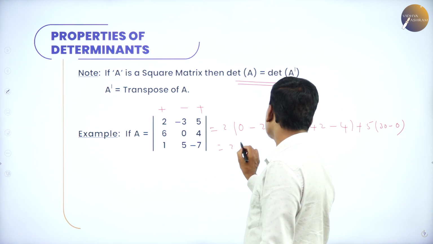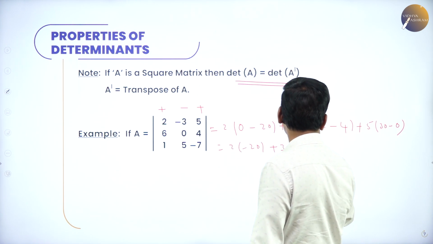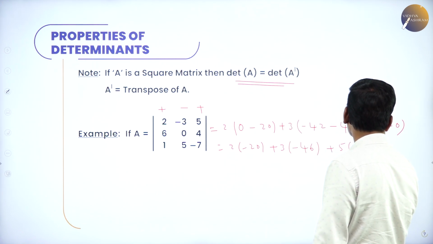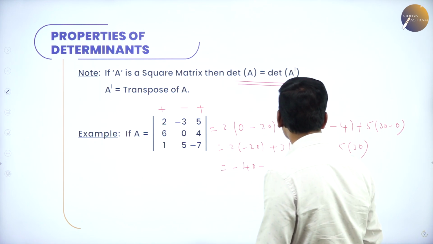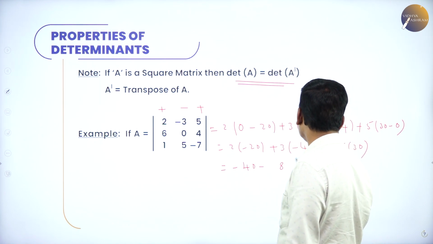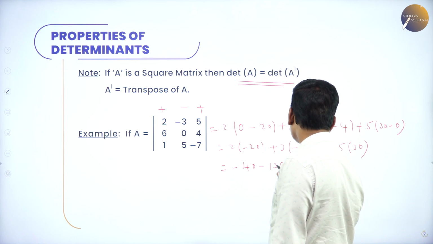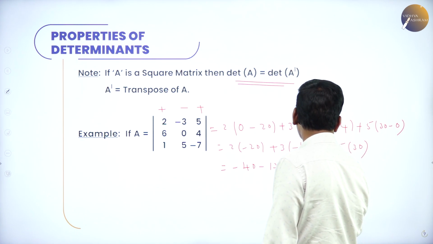So this is equal to 2 into minus 20 plus 3 into minus 46, plus 5 into 30. That is equal to minus 40 minus 46, 6 3s are 18, 4 3s are 12 and 12 plus 1 is 13, 138, plus 5 into 30, 150.